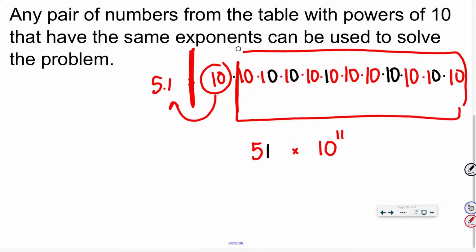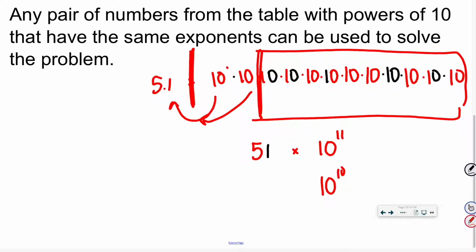Now let's say instead of 10 to the 11th, I actually wanted to show this number as 10 to the 10th. These are going to be my power of 10. What would I need to do with both of these 10s? I would need to multiply both of them by the 5.1, and that's where I would get the 510.